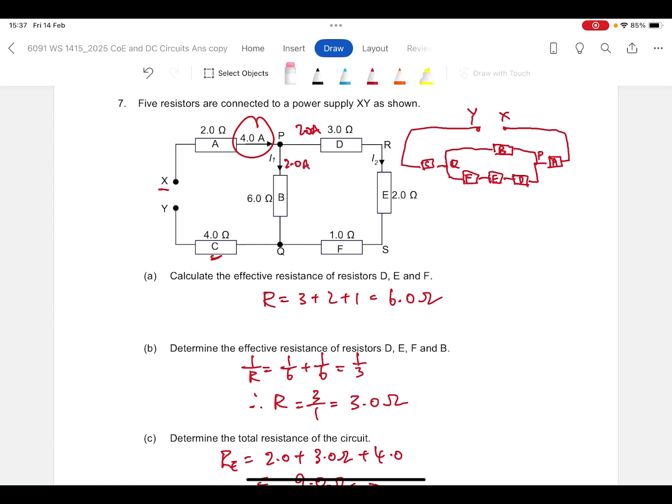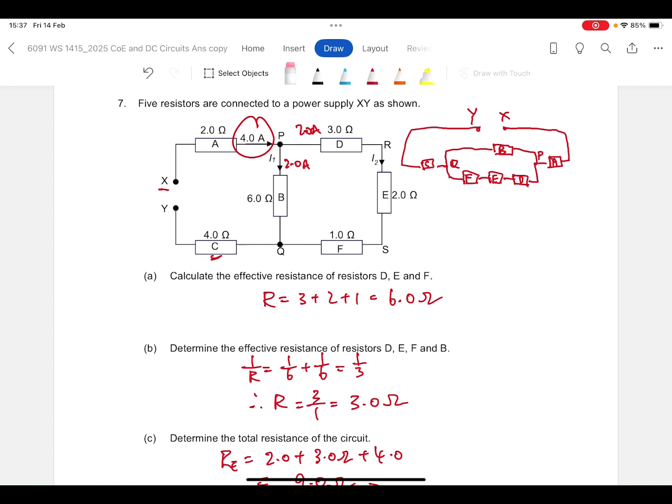Let me just take a look if the other way is possible. Find the potential difference across PQ, and then find the current I1. You will need to find the potential difference across PQ first, which is not difficult.